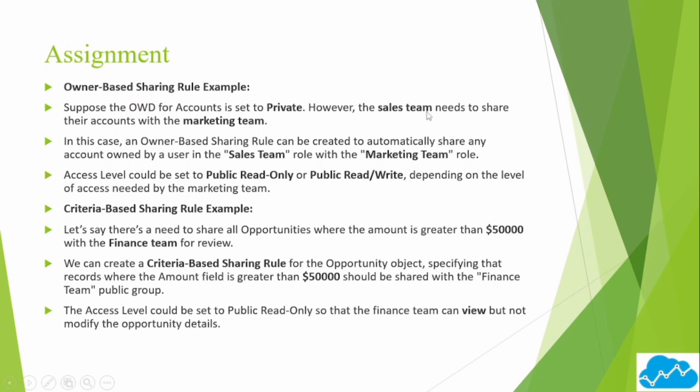So we had created a sales team, and in the sales team there is user A. Also we had created a marketing team. In the marketing team there is user B. So in this case we are creating an owner based sharing rule that automatically shares accounts owned by users in the sales team with the marketing team.